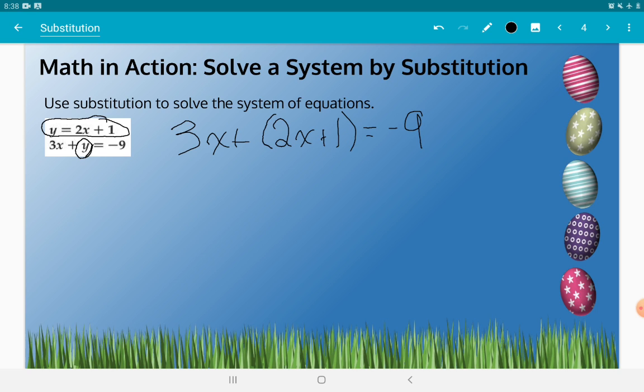We've got 3x plus 2x. They're on the same side of the equation, so we add them. So we have 5x plus 1, which equals negative 9. Then we want to get x by itself, so we just do our basic equation solving here.